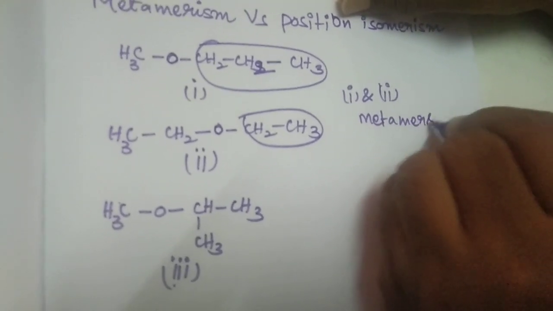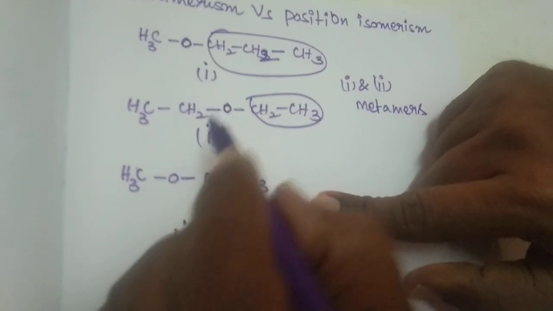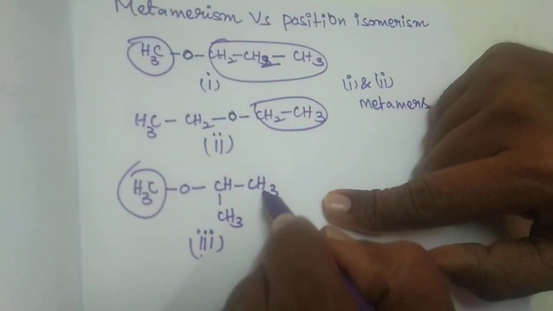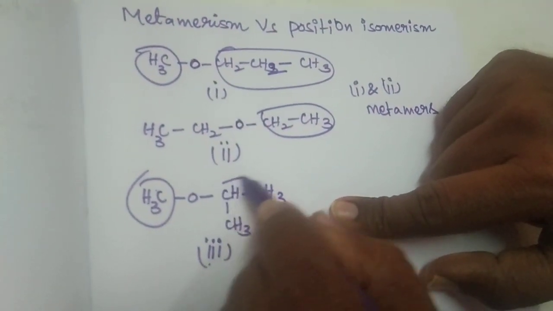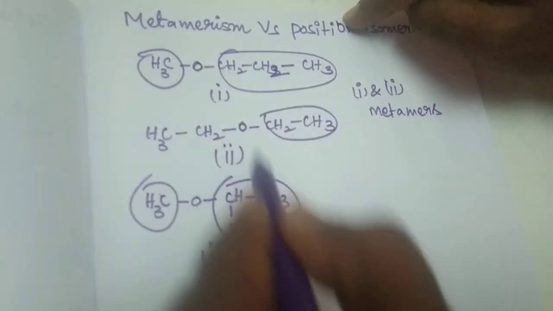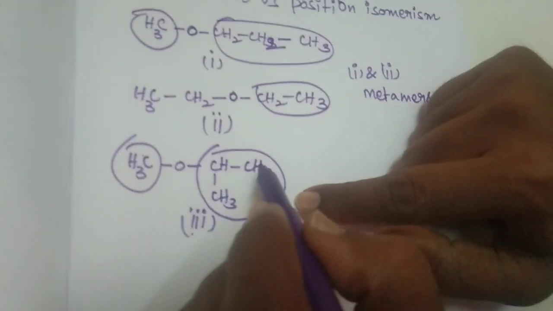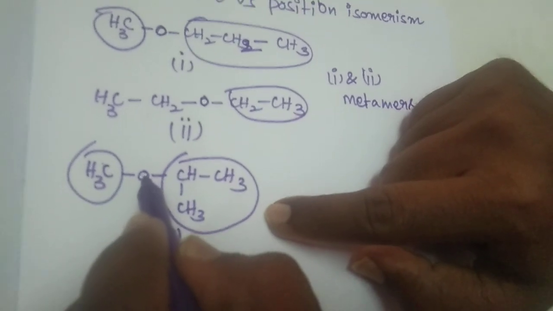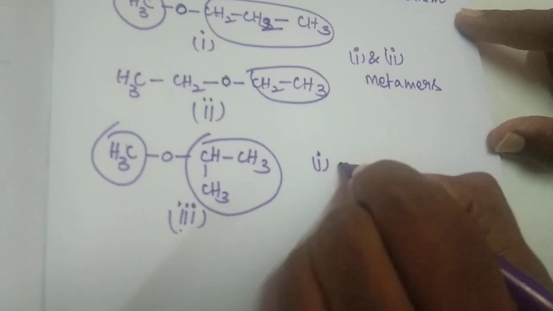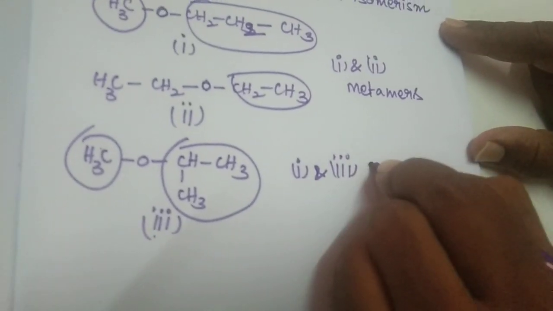And 1 and 3, if you observe, here a methyl group is there, here a methyl group is there, and this is the alkyl chain, this is the alkyl chain. So the number of carbons in the alkyl chain does not change. So what is changed here? The position of the oxygen is changed. So 1 and 3 are position isomers.